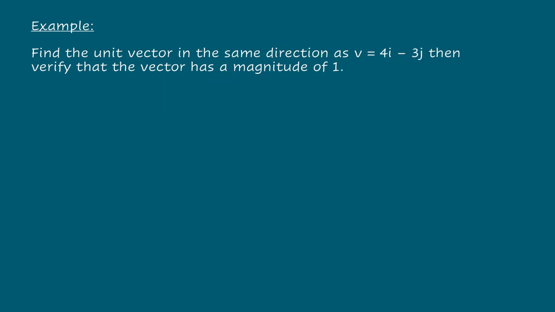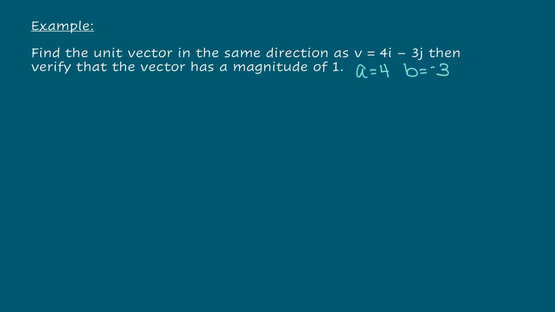Let's try one more. Find the unit vector in the same direction as 4i minus 3j, and then let's verify that it does indeed have a magnitude equal to 1. The first thing we're going to need to do is find the magnitude of this given vector. So this vector has an a value equal to 4 and a b value equal to negative 3.